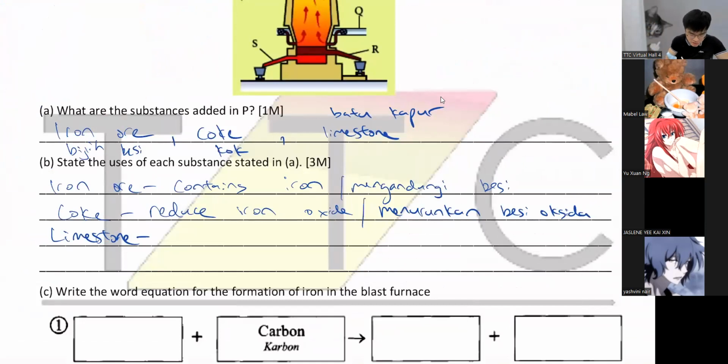So the function of limestone is to produce cement, untuk menghasilkan cement. So while you make iron, you can also make the raw material for cement.